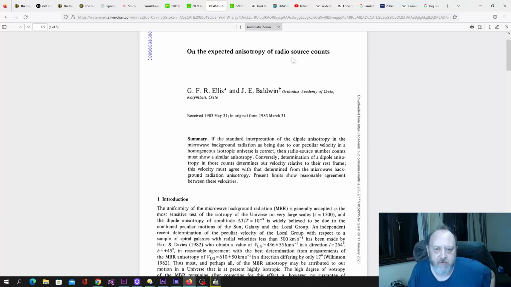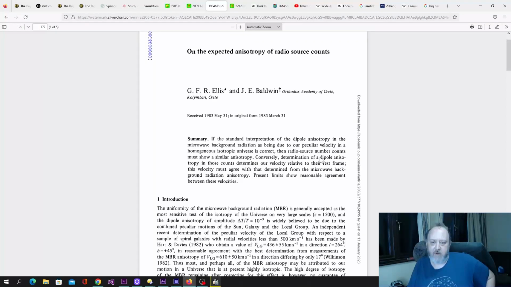So you're using radio astronomy, but looking at active galactic nuclei or quasars, where the supermassive black hole is feeding. If the standard interpretation of dipole anisotropy in the microwave background radiation as being due to our peculiar velocity in a homogeneous isotropic universe is correct, then radio source number counts must show a similar anisotropy.